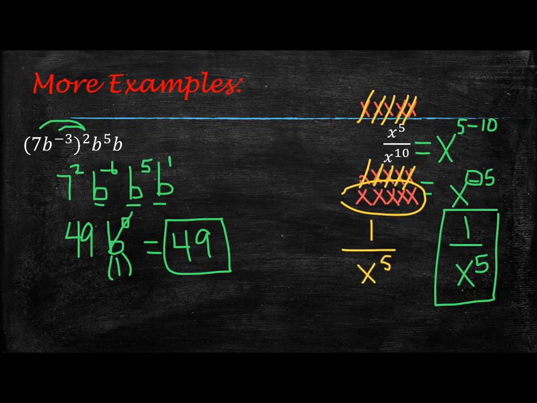So if you think about this in expanded form like that, it is a little bit of a shortcut, because you just want to see, where do I have more x's? I have more x's in the denominator. How many more? I have 5 more. So in my answer, I should have x to the 5th in the denominator, and nothing's left in the top, and so you just leave it as 1.